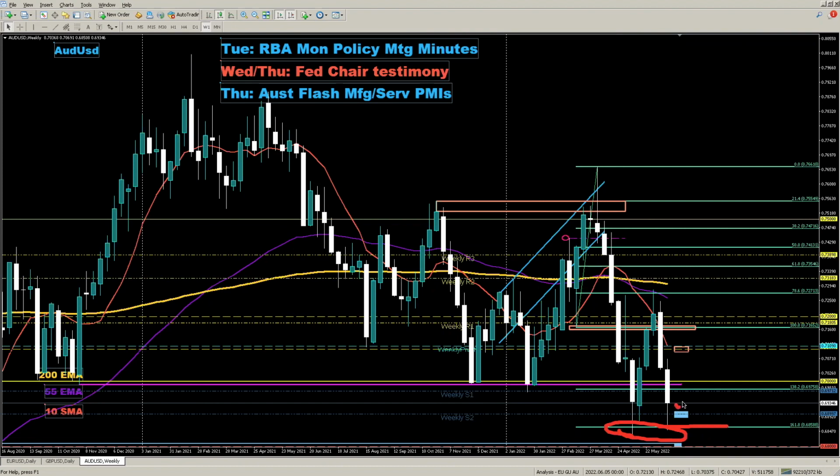It needs to break above the 70 round figure again, otherwise it's going to consolidate in this range.